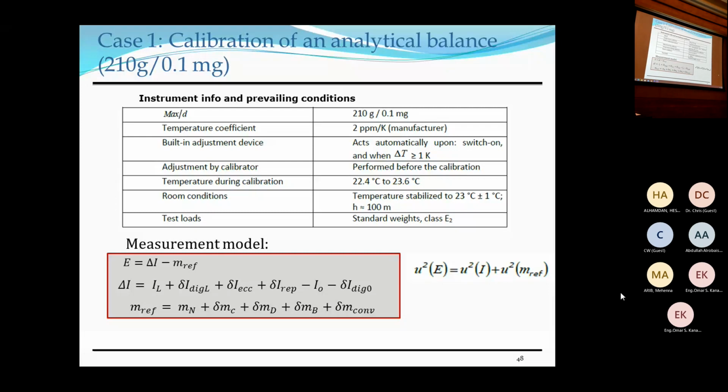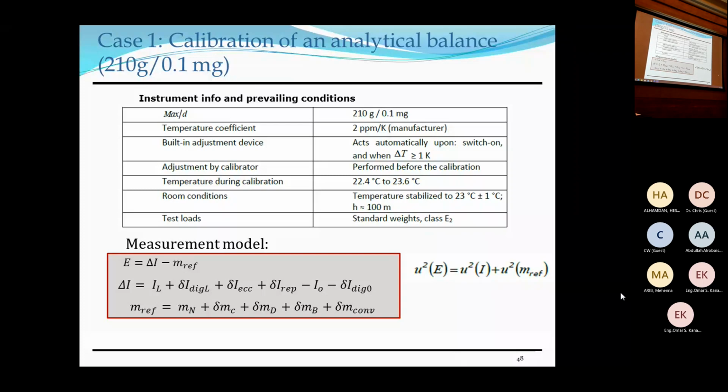With regard to the reference mass that's used, this is its nominal value. Then there are four more terms. It depends, but I will assume that these are not expectation zero, so the values can actually be determined.